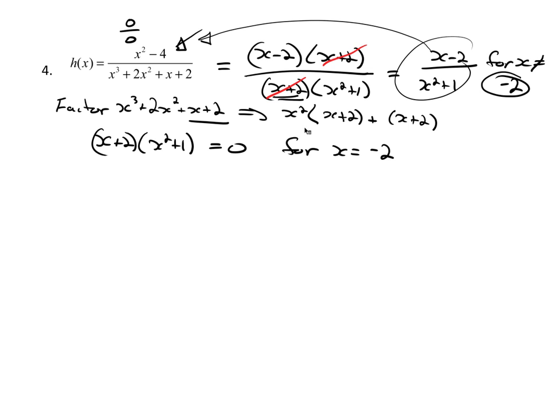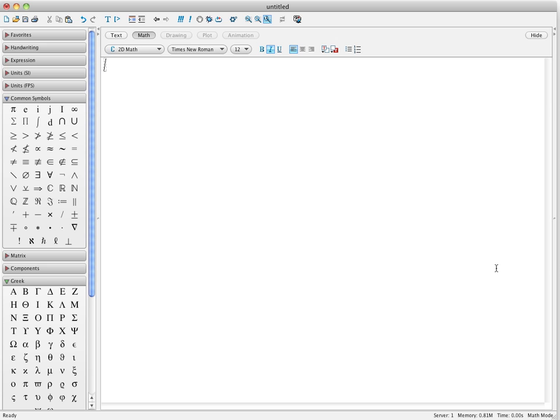Let's take a look at Maple real quick. Okay, so let's go ahead and plot. I need parentheses around my numerator here so that Maple understands that this whole thing is my numerator, divided by x cubed plus 2x squared plus x plus 2.